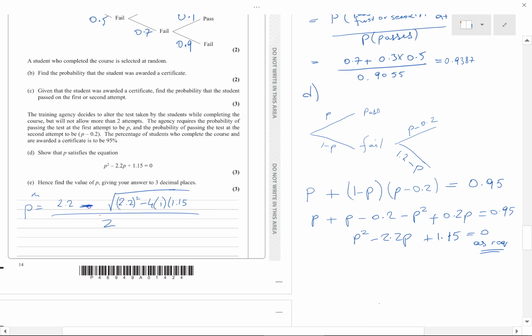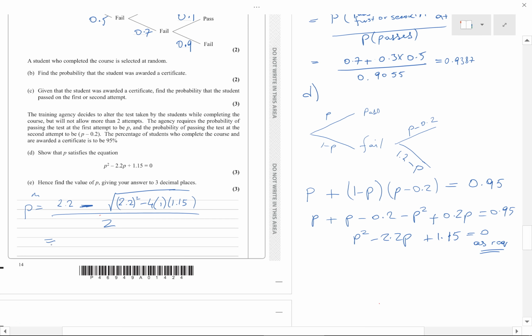I know it's going to be the minus sign, because if I add, that one's going to give a probability of more than 1, and so therefore that is not appropriate. The reason why I know, by the way, is 2.2 divided by 2 is equal to 1.1 already. So if I'm adding to that total, I'm even bigger. So 1.1 is already too big. So I know it's got to be taken away.